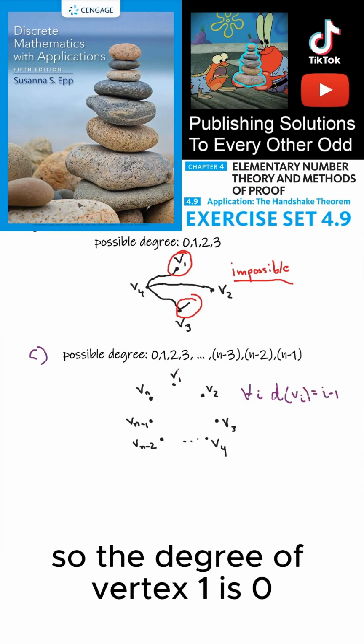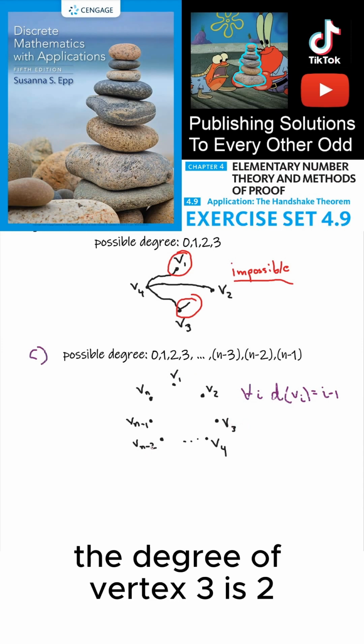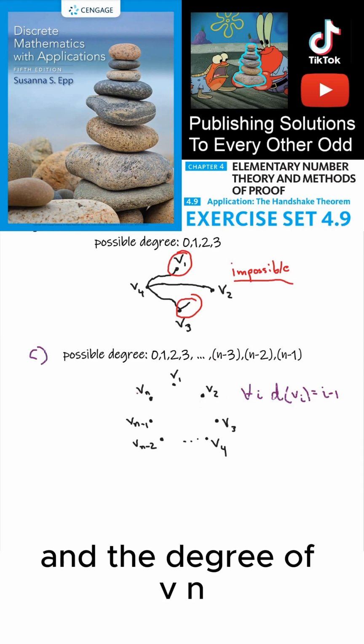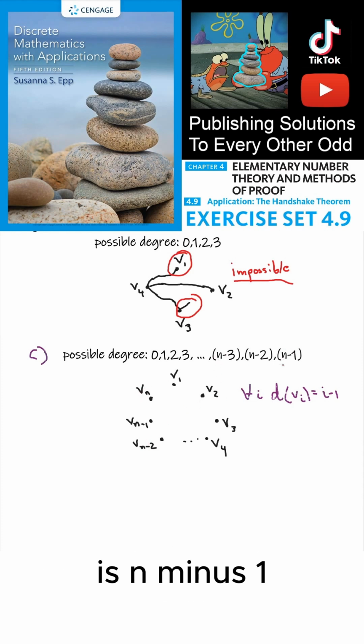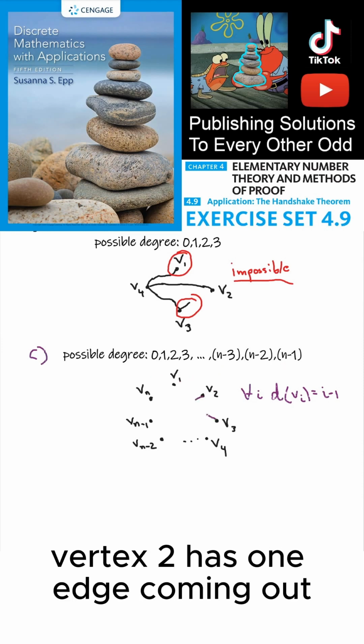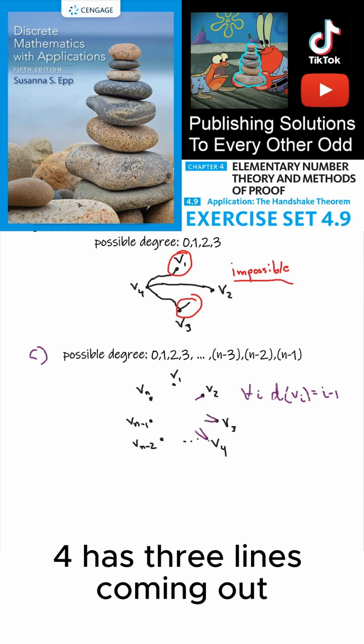So the degree of vertex 1 is 0, the degree of vertex 3 is 2, the degree of vertex n minus 2 is n minus 3, and the degree of vn is n minus 1. So vertex 1 is isolated, vertex 2 has 1 edge coming out, vertex 3 has 2 lines coming out, vertex 4 has 3 lines coming out.